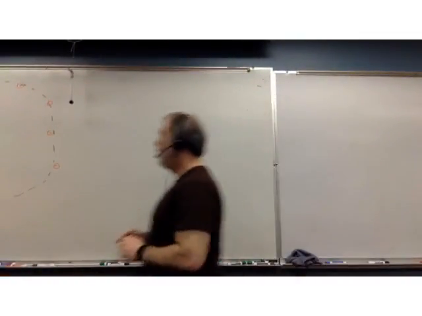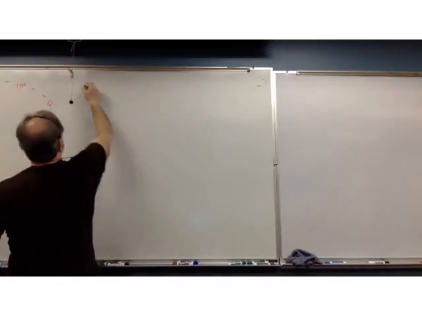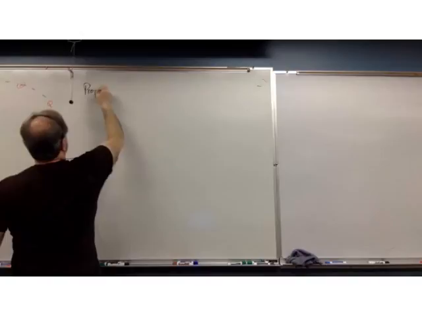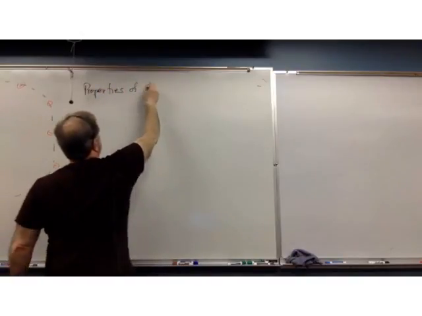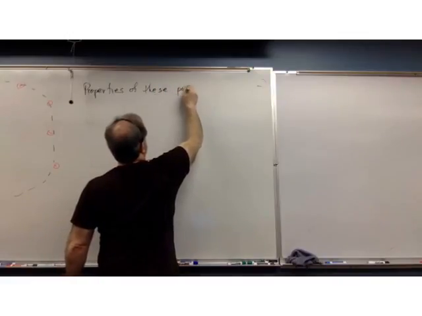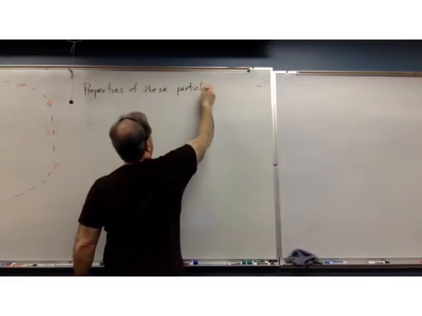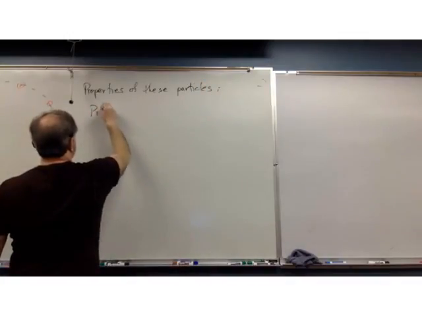And in the case of our protons, neutrons, and electrons, the properties that I'm going to care about at the moment, I'm going to list them here. First of all, let's start with the proton.